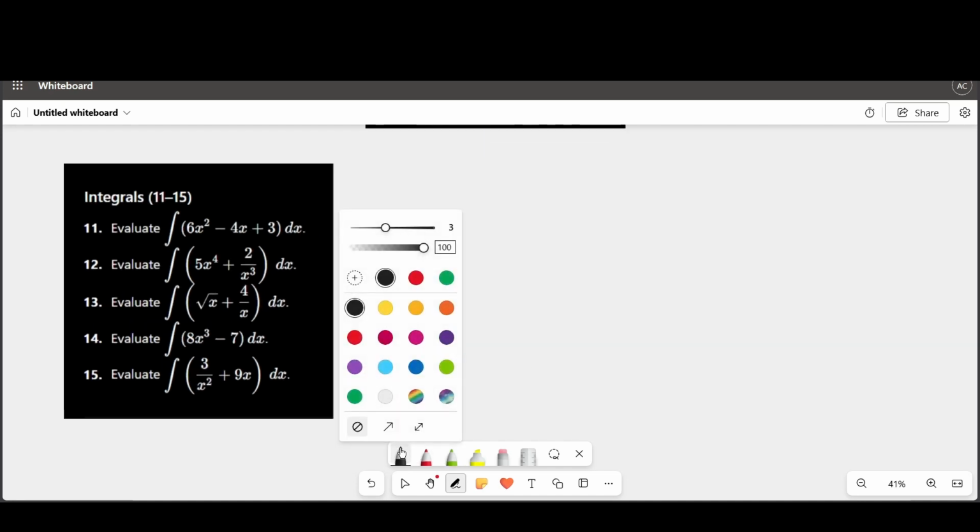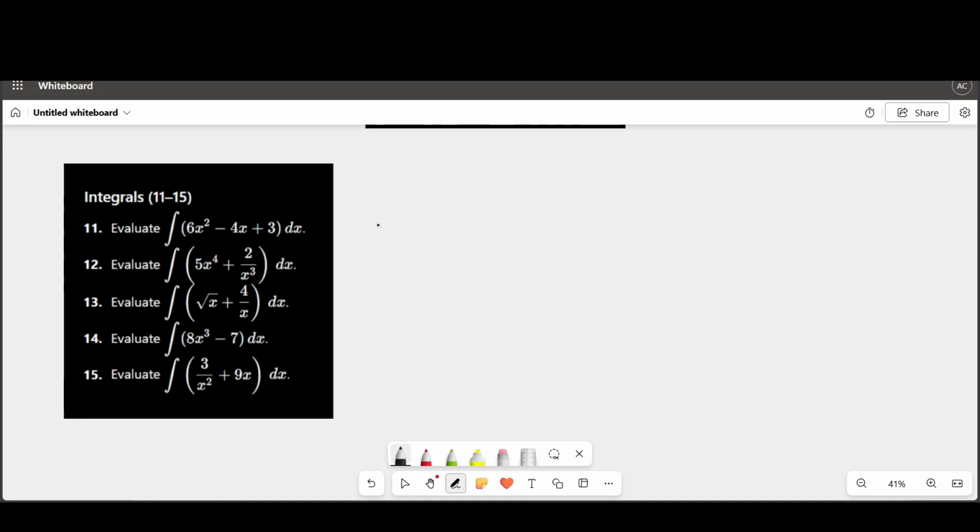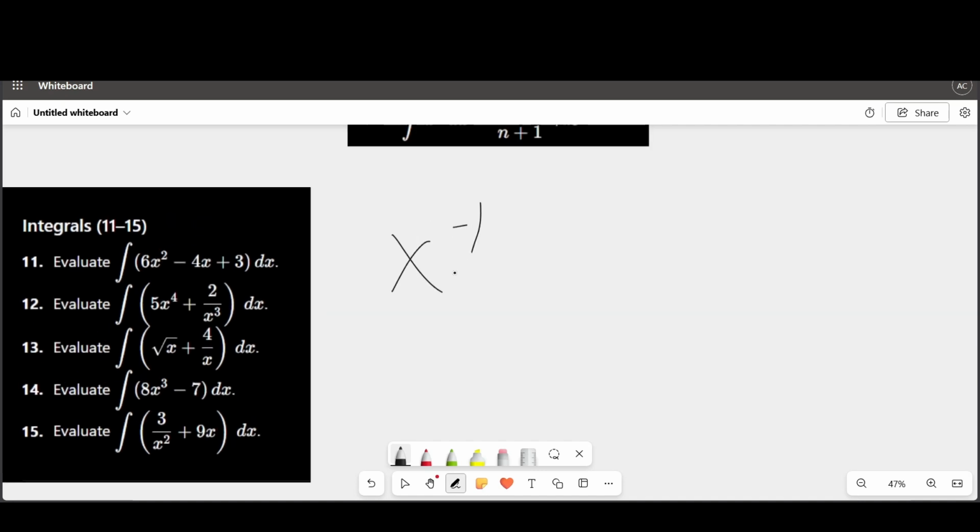We have to rewrite the squares, so just rewritten as x to the power of 1/2 plus.